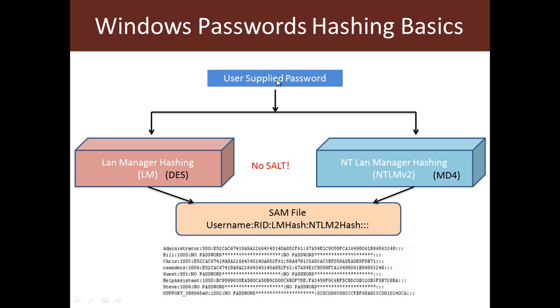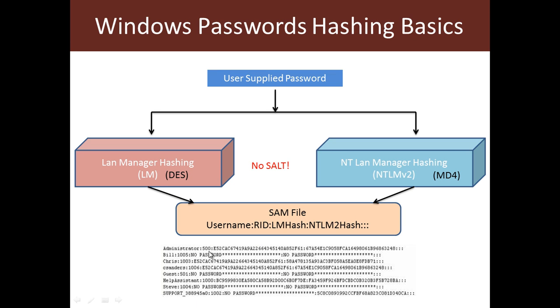Whenever a user supplies a password, it goes through two hashing algorithms: the LAN Manager hash, which uses the DES algorithm, and the NT LAN Manager hash, which uses the MD4 algorithm. Both hashes are concatenated along with the RID and the username and stored in the SAM file, which contains the different usernames, passwords, etc.